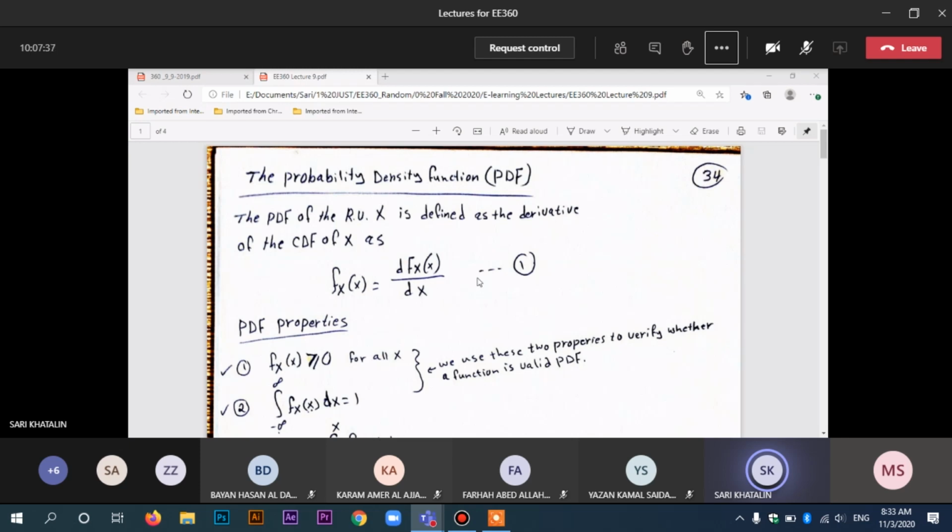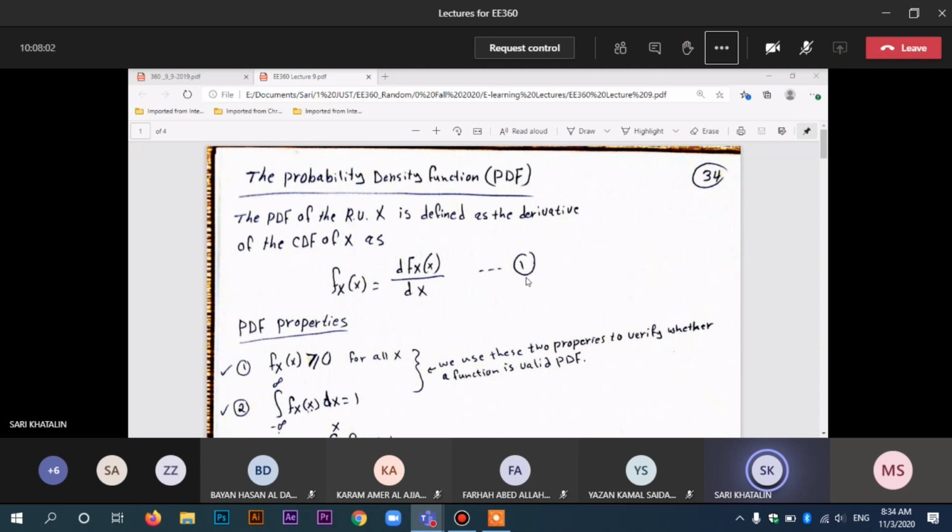Some people like to use the PDF because it's easier to deal with. It depends on what you have available. As you see, I have some notes for you along with the voice recording on e-learning. It's the same thing we're talking about here, on page 34 of the notes.